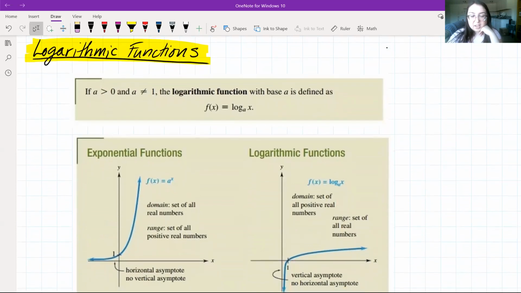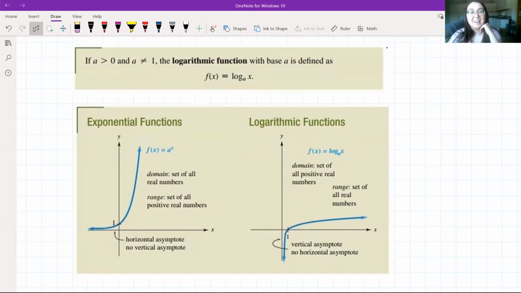If a is greater than 0 and a is not equal to 1, so our same kinds of properties that we established early on, the logarithmic function with base a is defined as f of x equals log base a of x. So we're pretty much saying the same thing now, except we're saying f of x instead of y. It's just that y is one value and f of x means our function of x. Y itself is a function of x, but we have f of x here instead.